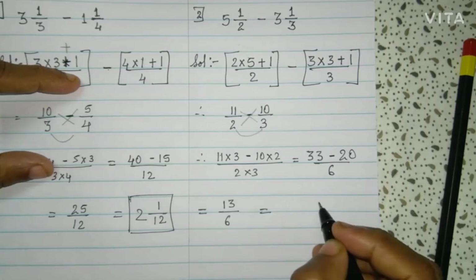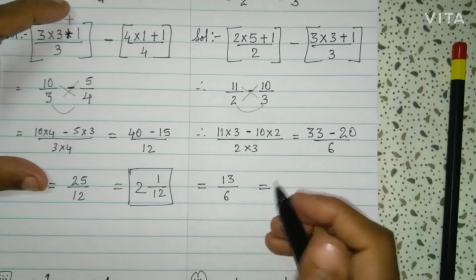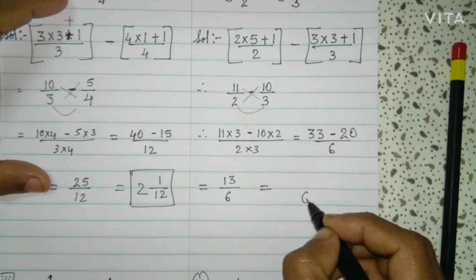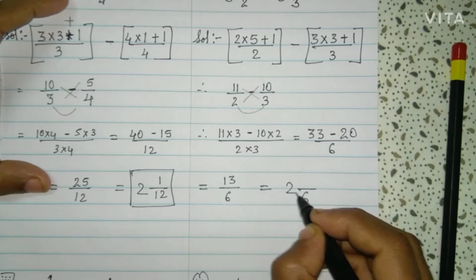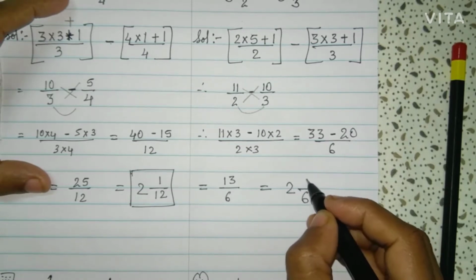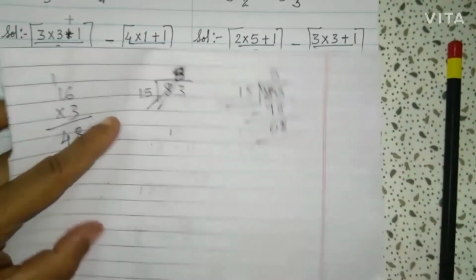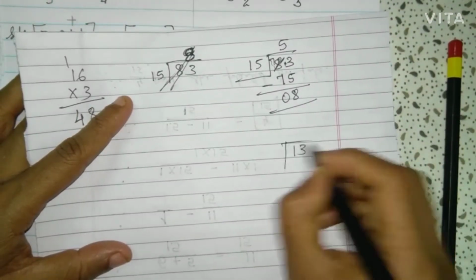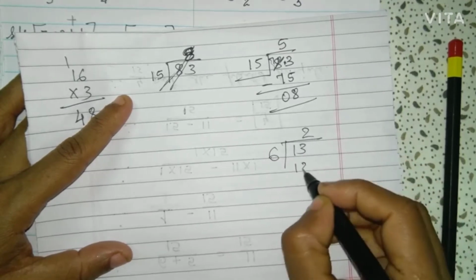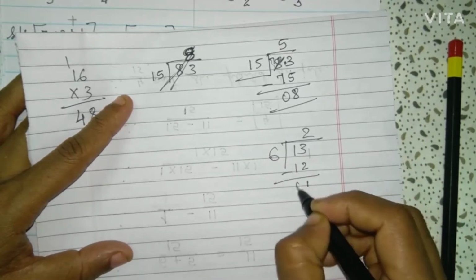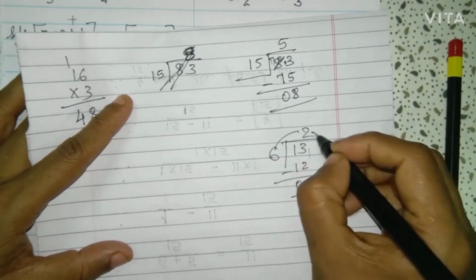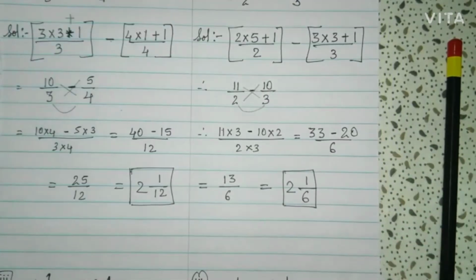We have to find out the answer in mixed fraction. So, 6 2s are 12, 6 2s are 12 plus 1, 13. See, like this you have to do. 6 2s are 12 minus 1.